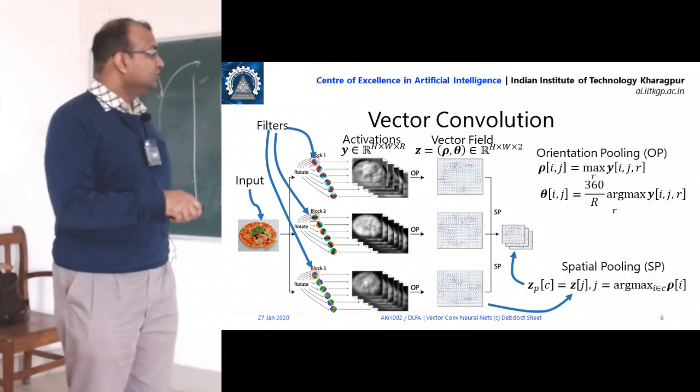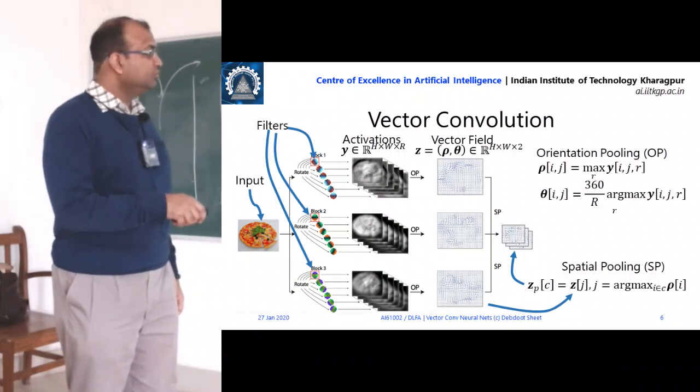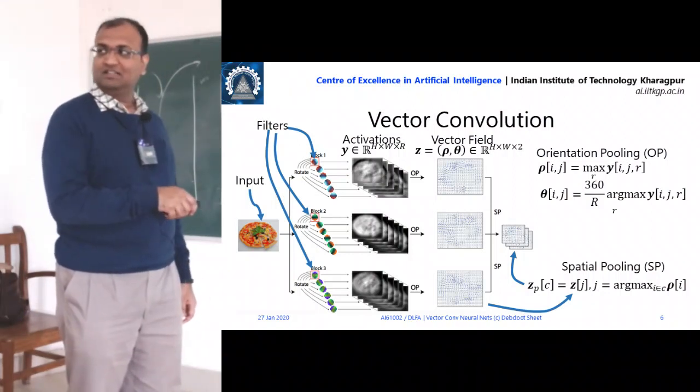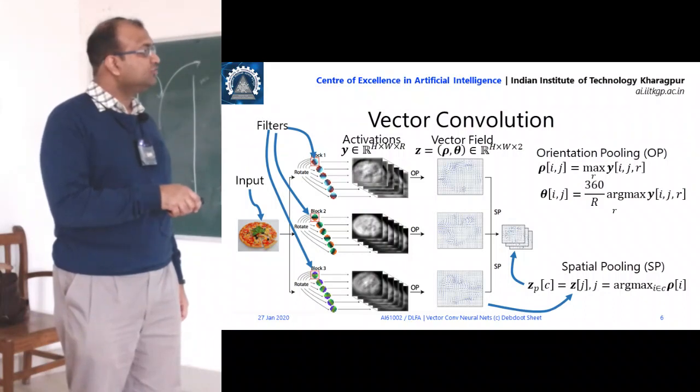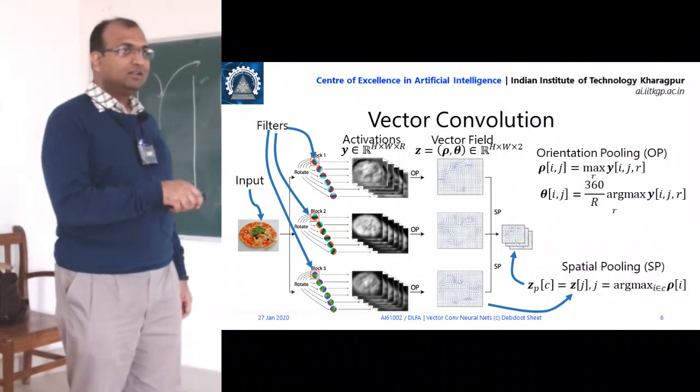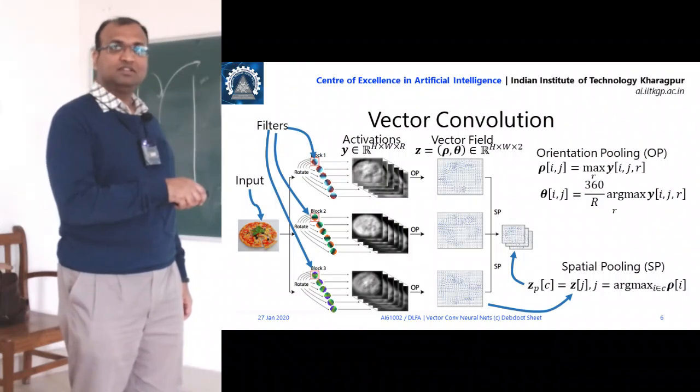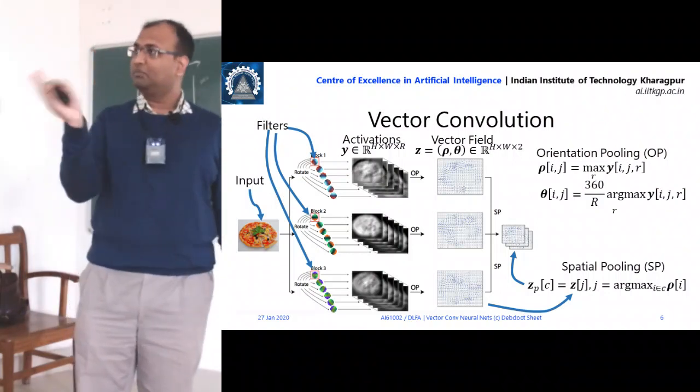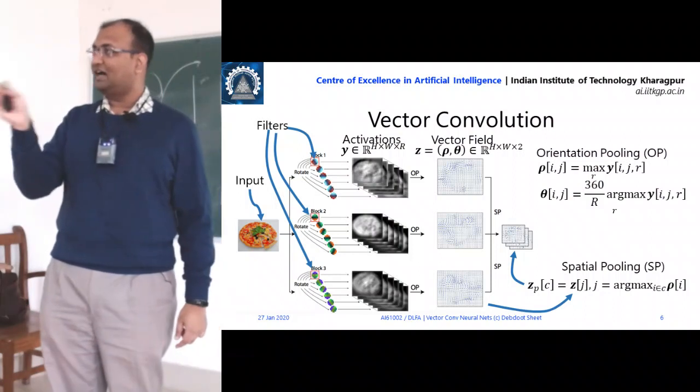So this whole thing can now give you something called a vector field, and this vector field has a dimension of h cross w cross 2. H cross w because you have your height and width, and 2 because you have both rho and theta present. So this is almost like a complex number representation, an r theta representation.